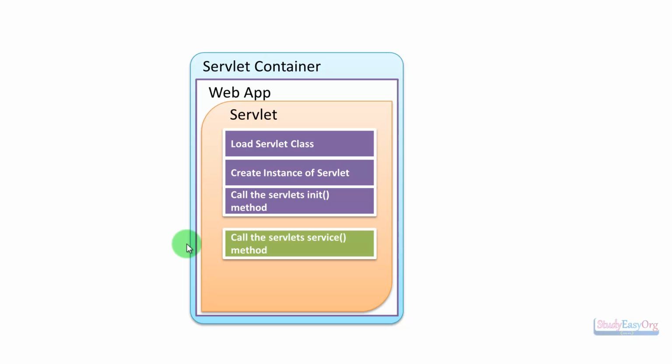Means in the life cycle, mostly the service method is being called. Now if we summarize, the first 3 steps are taken only once in the life cycle, whereas the service method is called whenever we make an HTTP request to the web application.